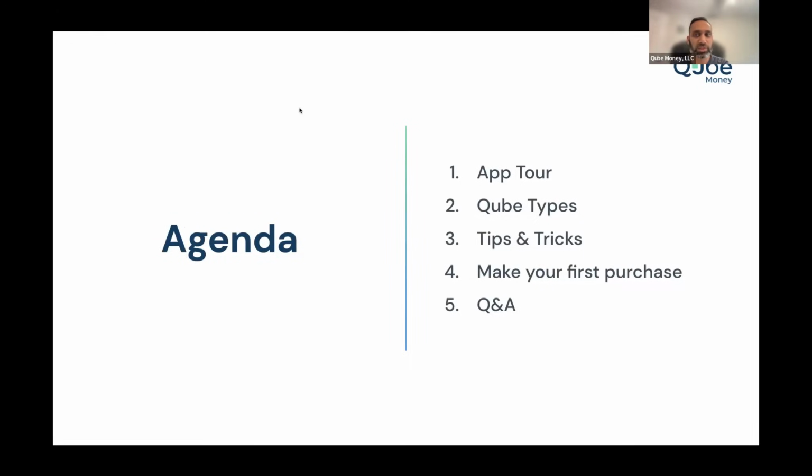Because for someone completely new, you might be wondering, should I create a goal cube for something, or a bill cube, or a spend cube, and the nuances between them. And then we have some tips and tricks, which you may or may not know, and then how to make your first purchase. So that's the agenda, and then we'll leave some time for question and answers. With that, I'll let Kaylee walk you through the app tour.